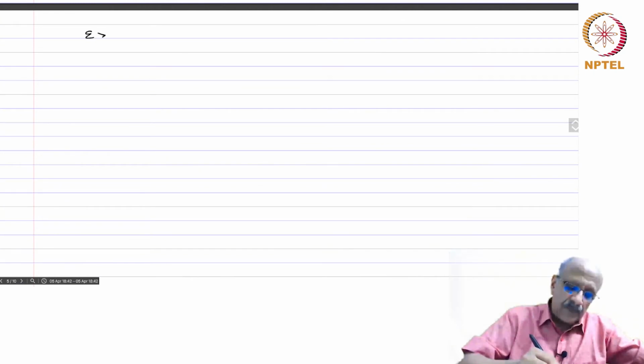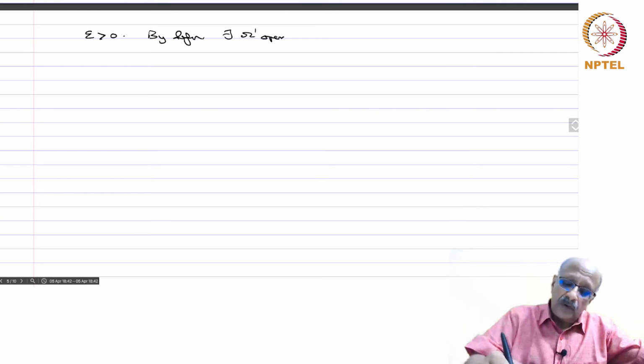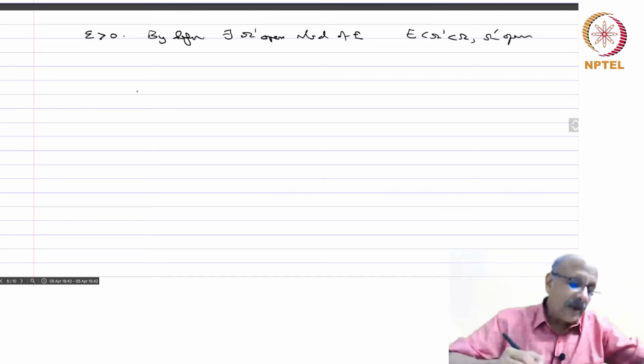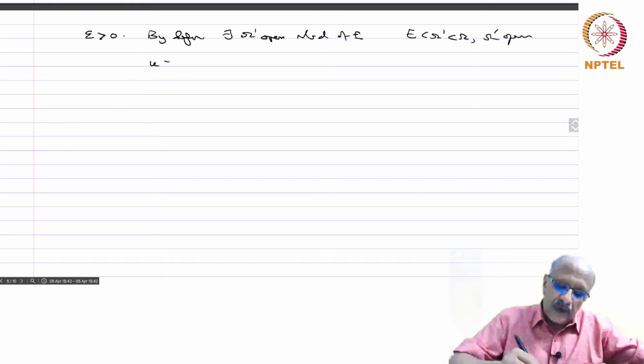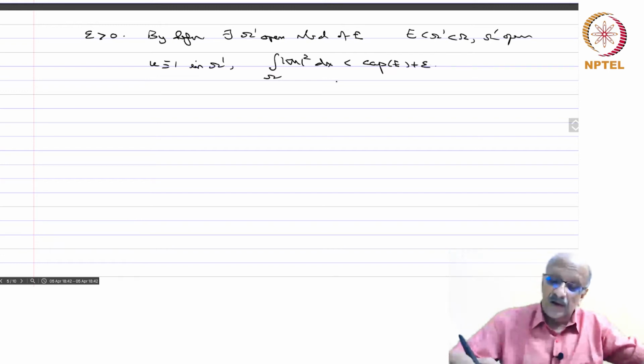So let epsilon be greater than 0. So by definition there exists omega prime, an open neighborhood of E, so E is contained in omega prime contained in omega, omega prime open, such that u is identically 1 in omega prime and the integral over omega of mod grad u square dx is less than cap E plus epsilon, because that is the definition of the infimum.